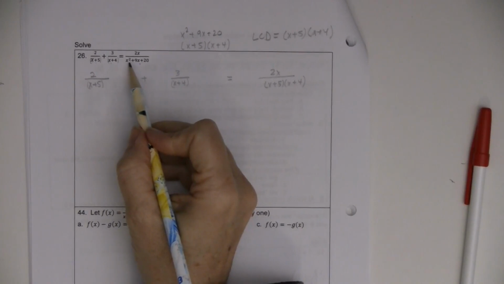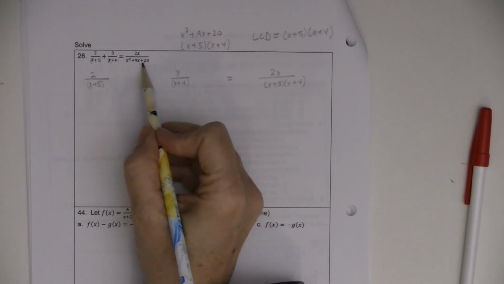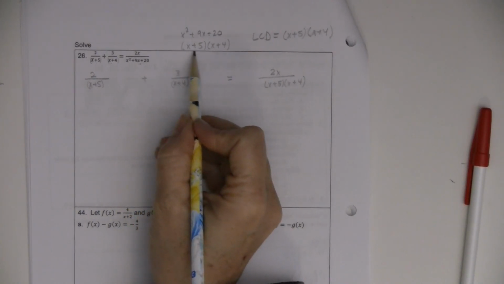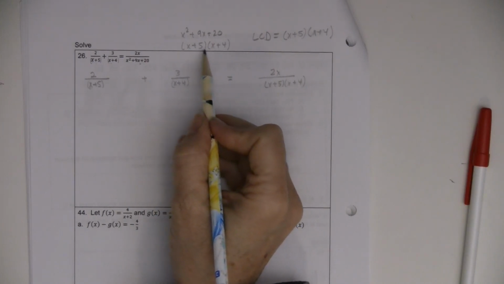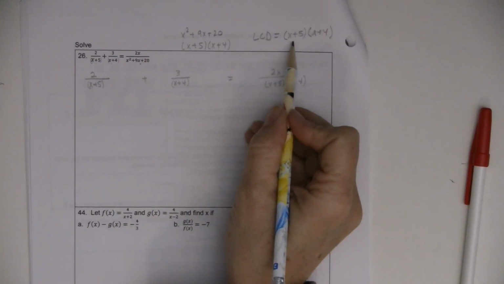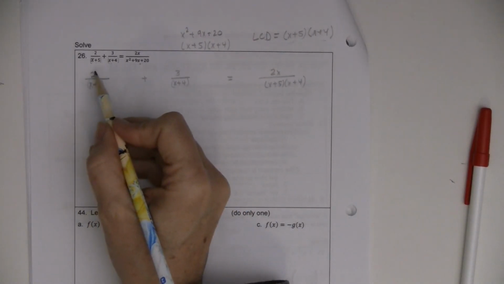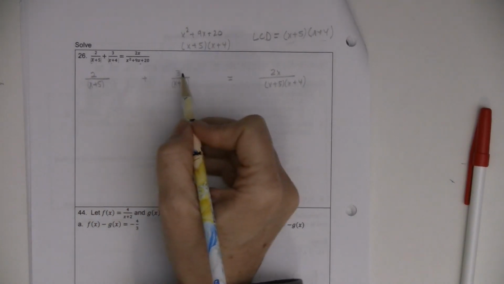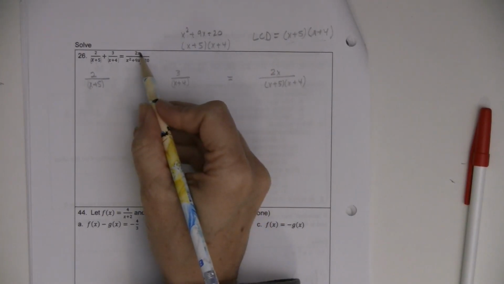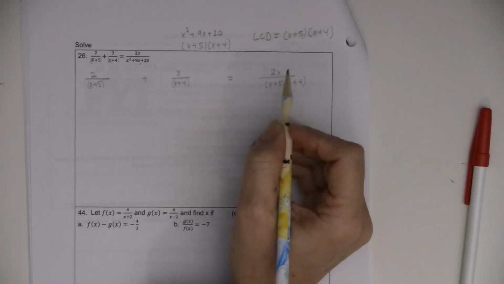And then here, this trinomial, remember it factored to x plus 5, x plus 4, and it says got to have an x plus 5 and got to have an x plus 4, and we have them, got them. And when I wrote this equation again, here's the first term, here's the second term, here's the third term, but notice I wrote it in factor form.